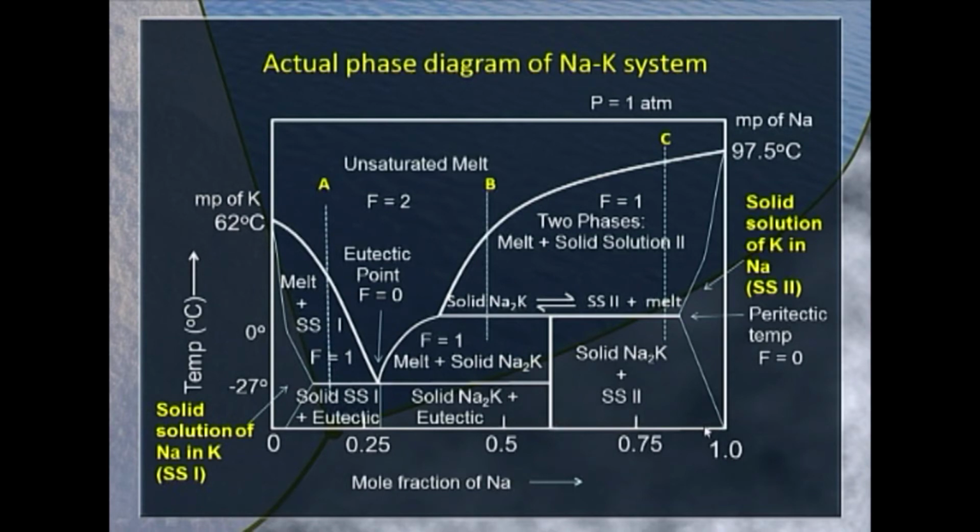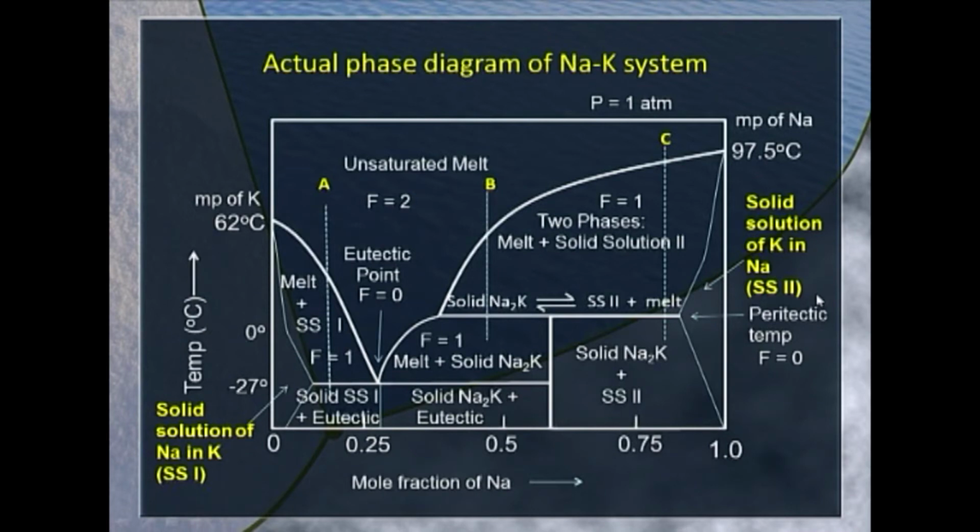The system splits into two, one a sodium rich solid solution, the other a potassium rich solid solution. On this end, you will see solid solution of sodium and potassium named SS1. On this end, you have the region corresponding to solid solution of potassium in sodium called SS2.